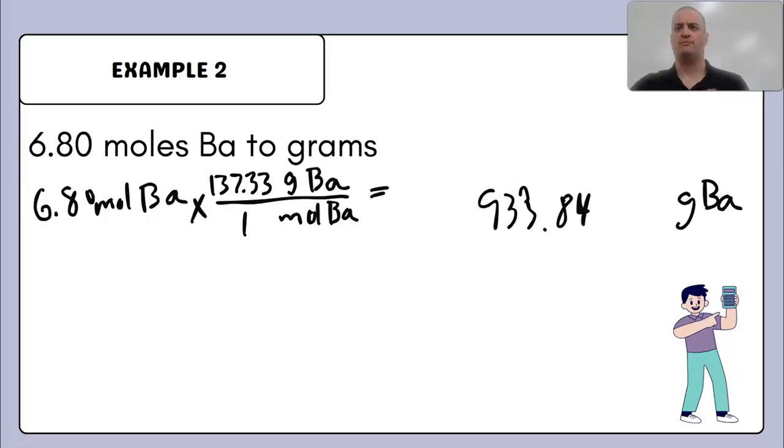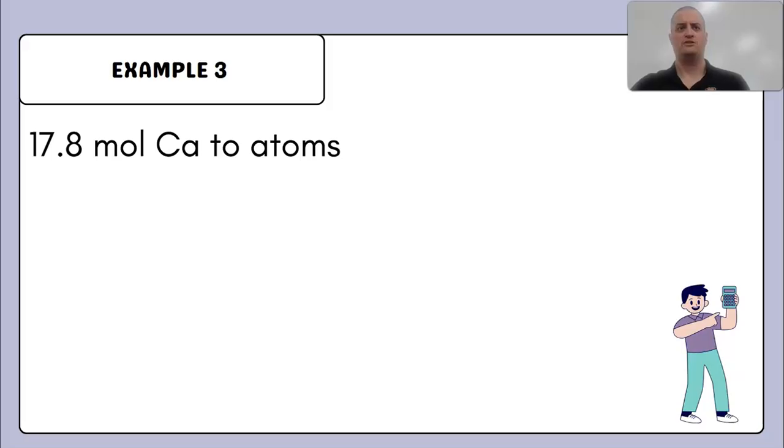Let's look at one more example on this one here. So I have so many moles to atoms. 17.8 moles of calcium to atoms of calcium. Alright.